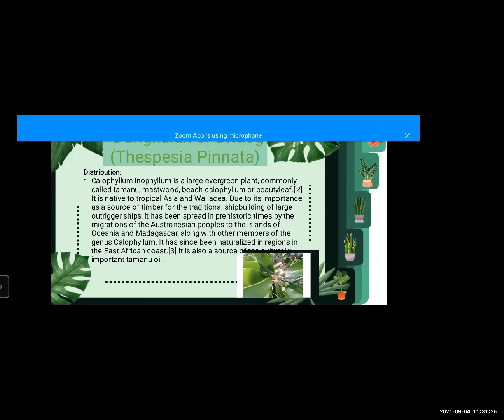Due to its importance as a source of timber for the traditional shipbuilding of large outrigger ships, it has been spread in prehistoric times by the migration of the Austronesian people to the islands of Oceania and Madagascar, along with other members of the genus. It has since been naturalized in regions in the East African coast. It is also a source of the culturally important tamanu oil.